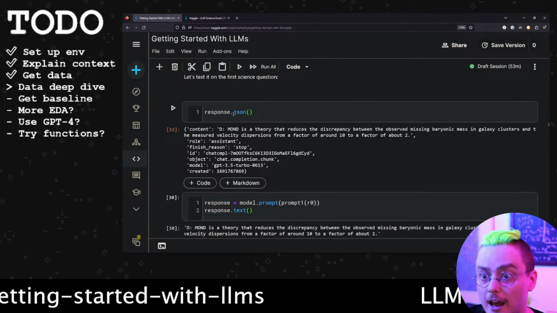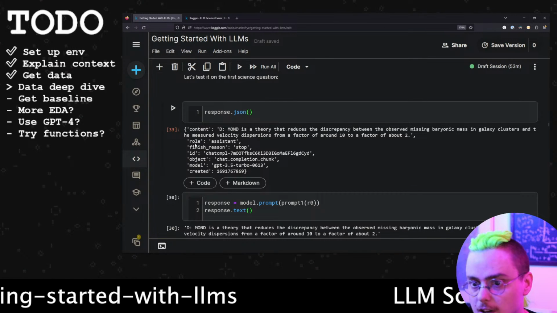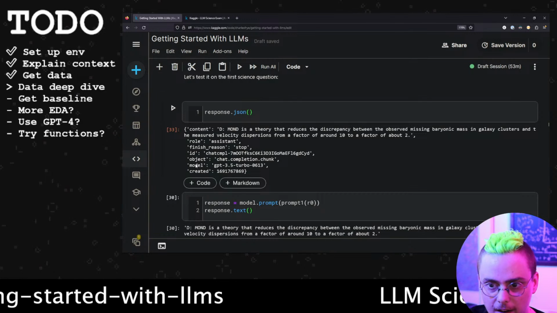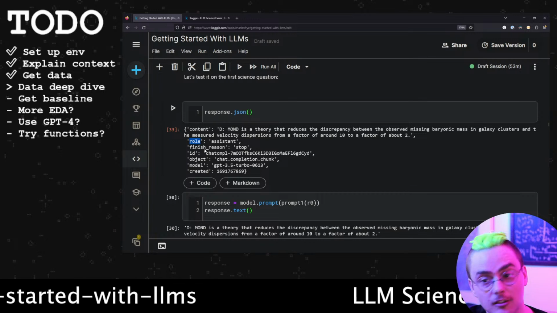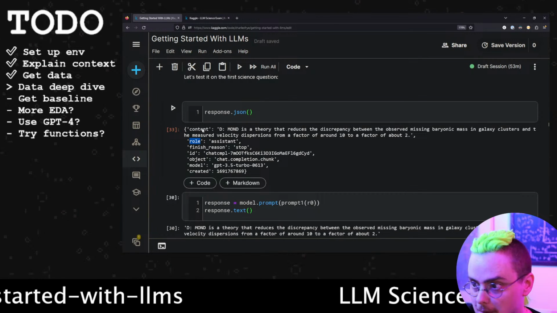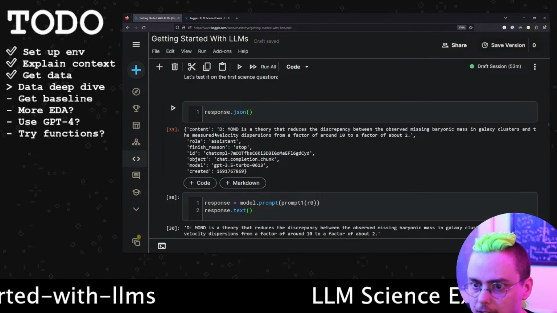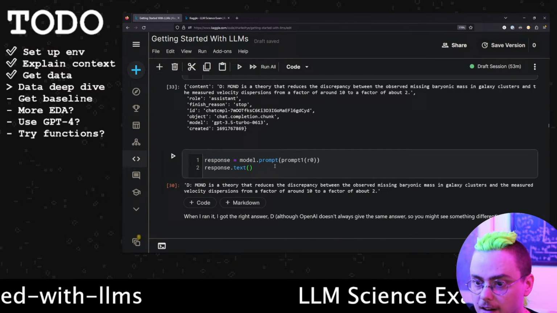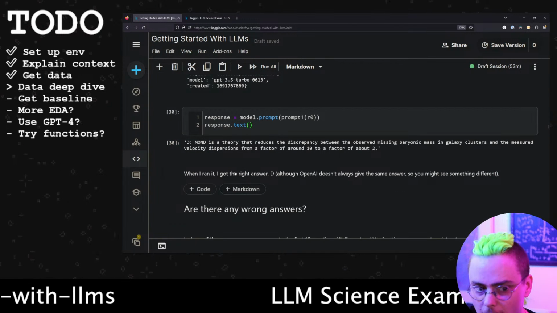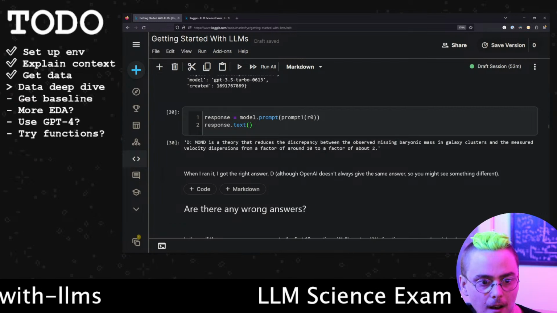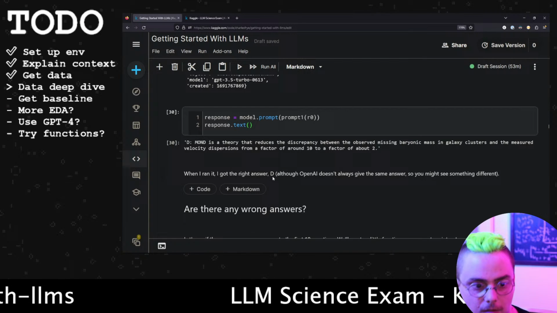Yeah, so it has a .json method, so we can see not just the answer here, but also things like metadata about the model and the role in the conversation, which is part of the OpenAI chat messages format. And we also get the content here. And that's the model's answer. It looks like it got it right. And it looks like it also got it right the time that Jeremy ran it.